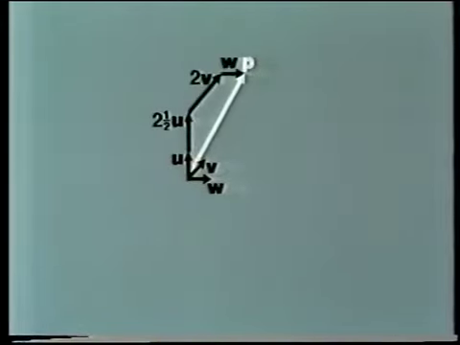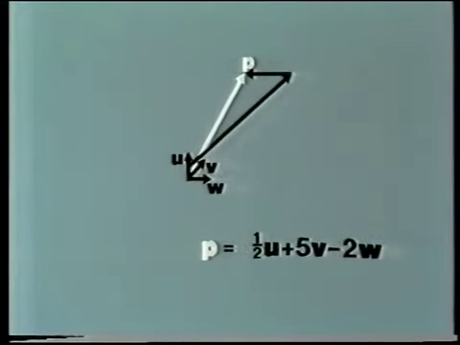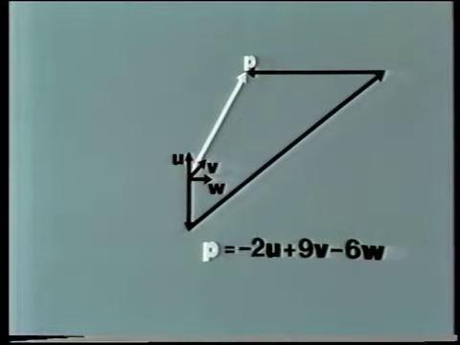What if we use an additional vector, w? Well, here's a vector P, and here's a linear combination of u, v, and w, which specifies P. And here's another. And another.